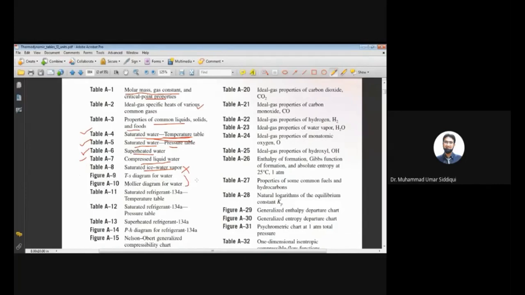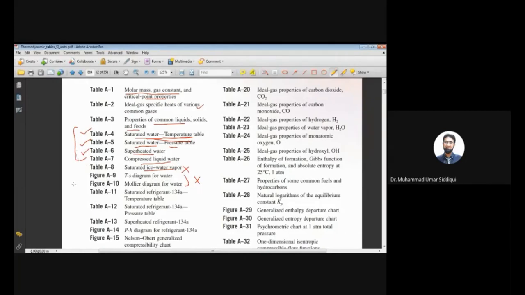These are also something we are not going to use. They are alternatives to the tables, so we will focus on the tables. Here, tables A4 to A7 are the ones of significance regarding water.